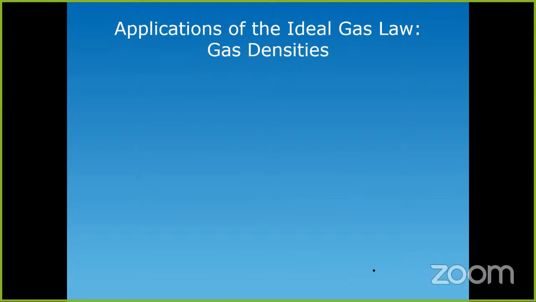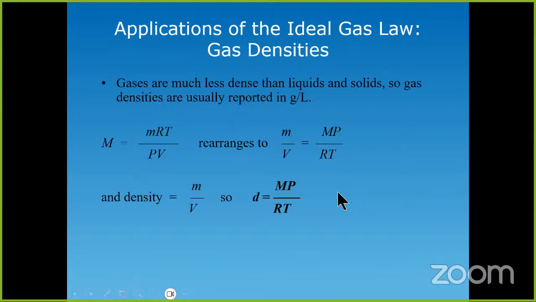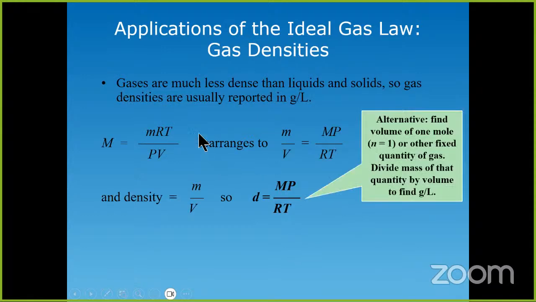So we do not use it as a physical constant as we would in the case of solids and liquids. However, sometimes you need to calculate the density, and we can do so based on the equation we were just using, which we derived from the ideal gas equation. We can rearrange it to get m over V on one side, so lowercase m divided by V equals uppercase M times P divided by RT.